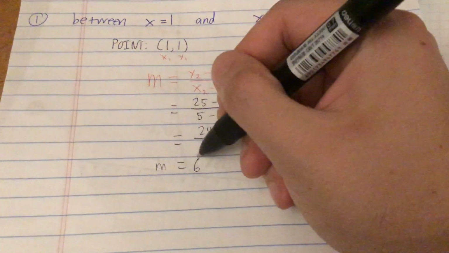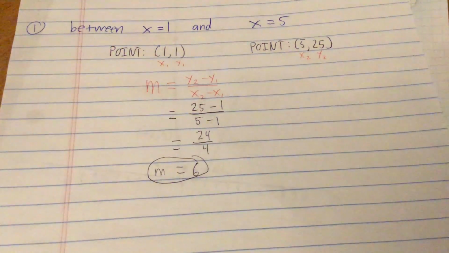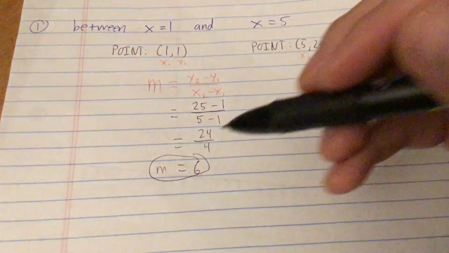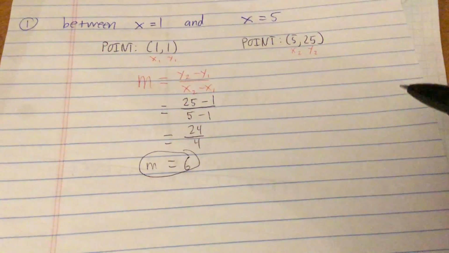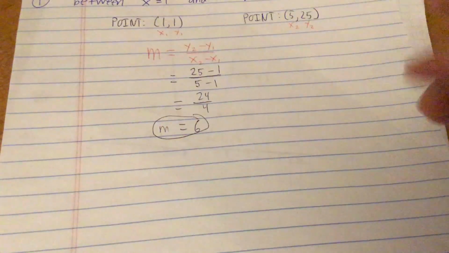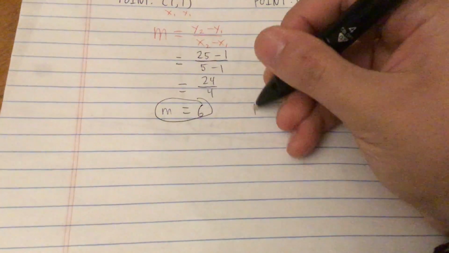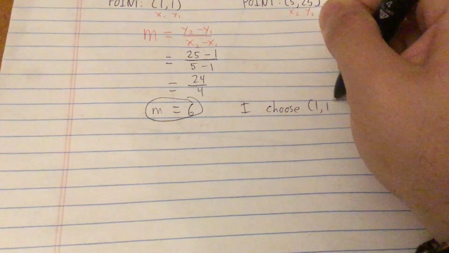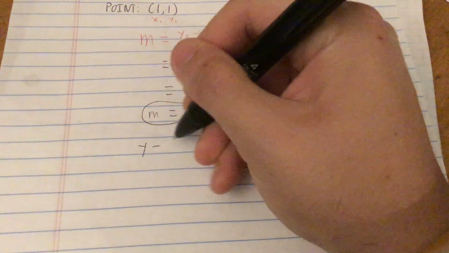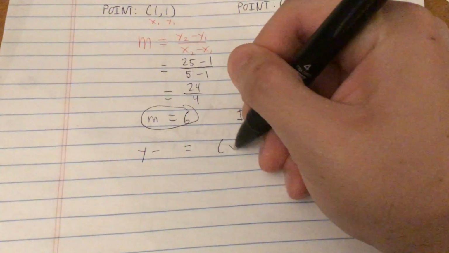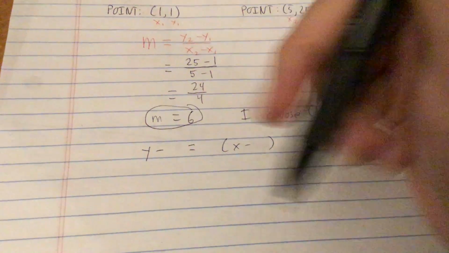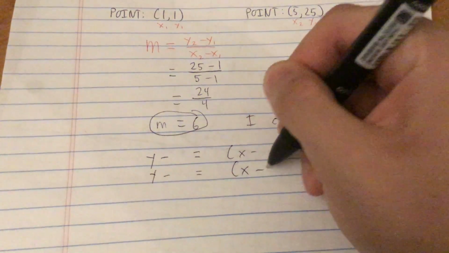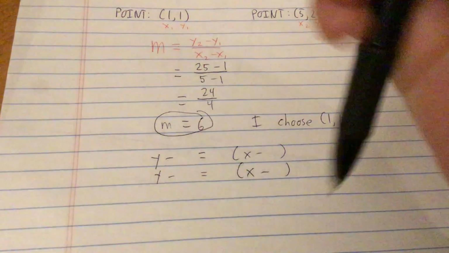Okay? Now that I've got the slope, I can figure out the equation, because I've got a slope and I've got 2 points, in fact. So I like 1, 1. So let's say I choose 1, 1. Then I go into point slope form, and I'm going to convert that into slope intercept form.